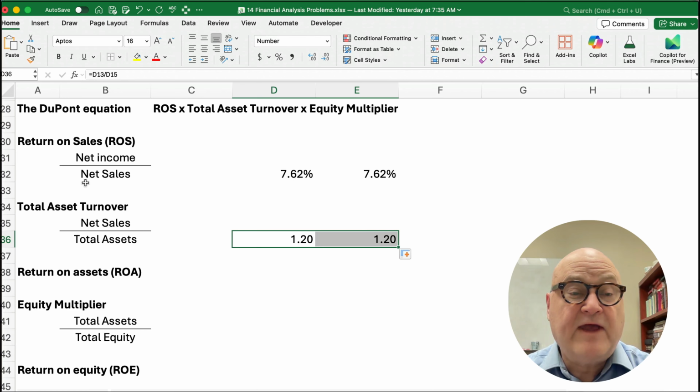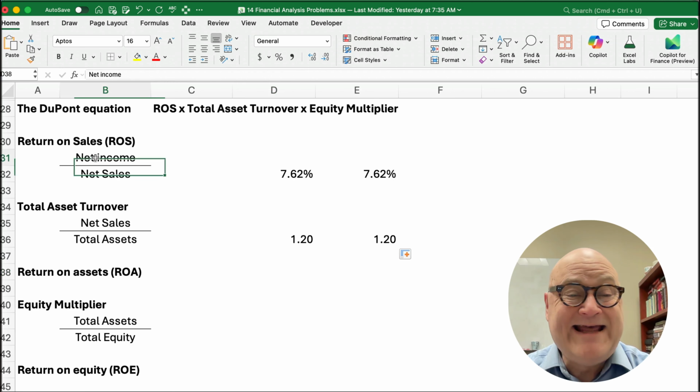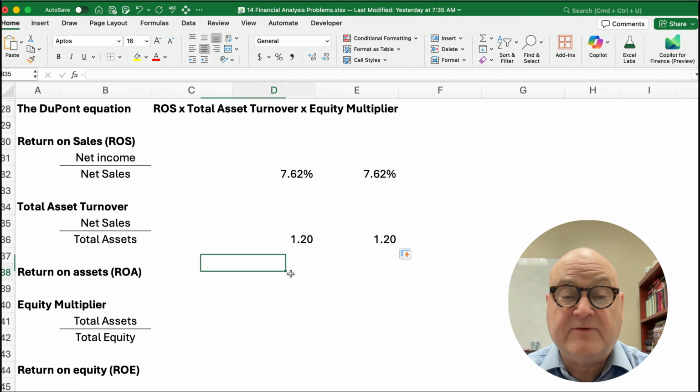Now, if we have these first two, return on sales and total asset turnover, we can multiply these together and that gives us our ROA, right? So net income divided by sales times sales divided by total assets. The two sales numbers cancel each other out, and then all we have is net income divided by total assets. So let's multiply it together.